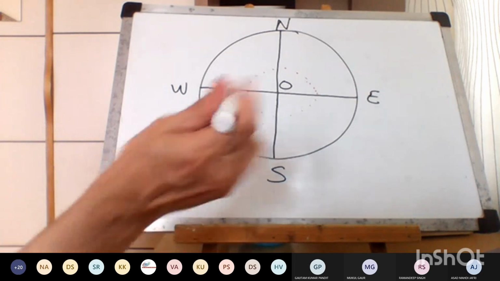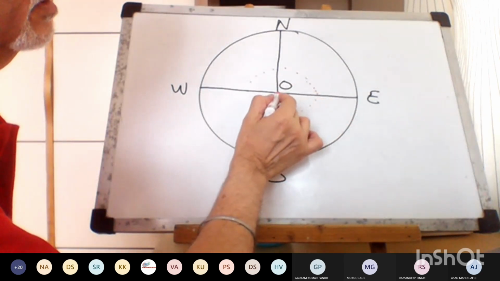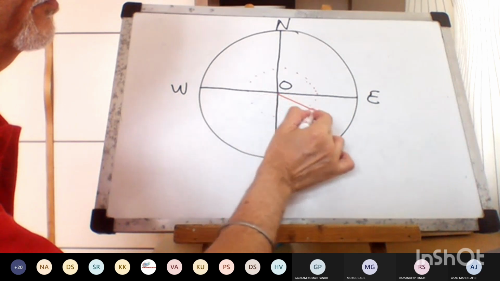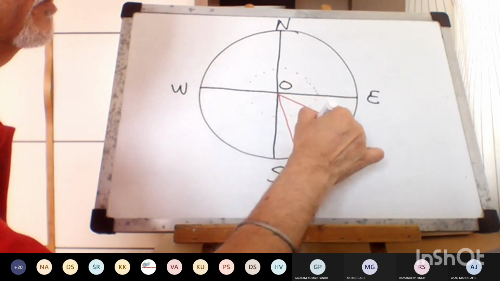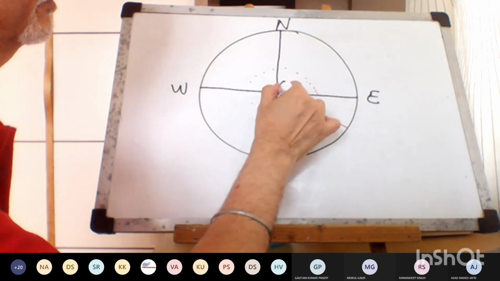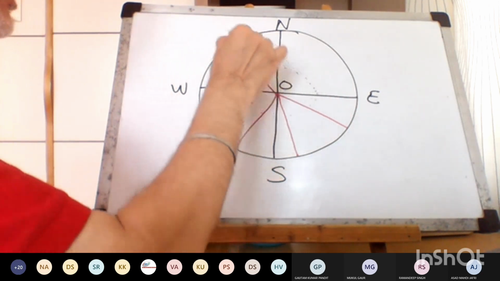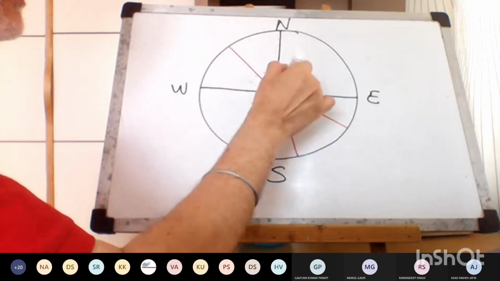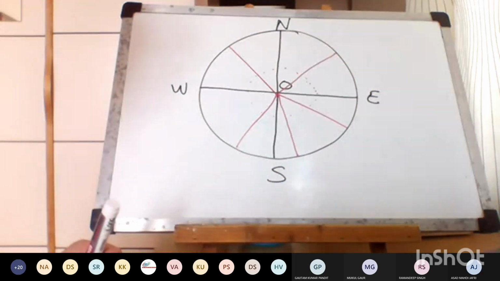So wherever the body is, if I draw a line like this, the meridian will pass through the body because the body is moving. And these are all meridians through the body.